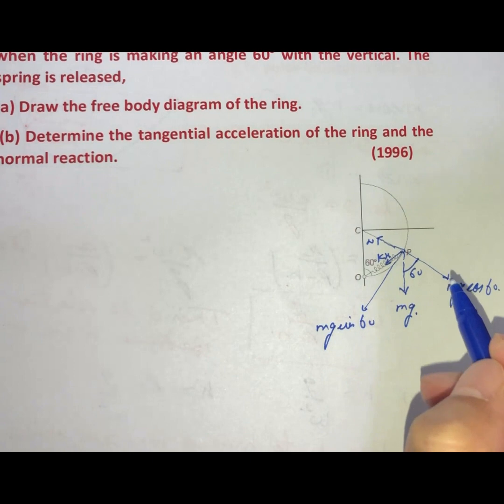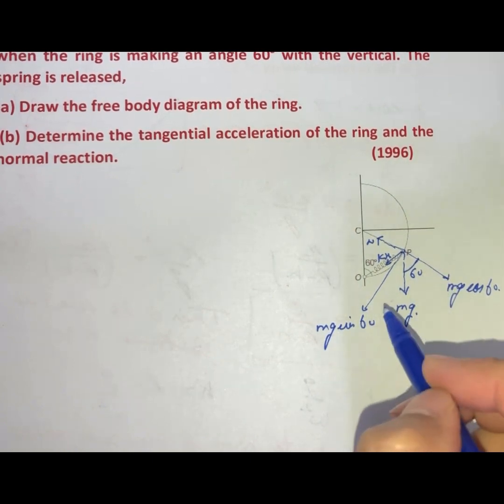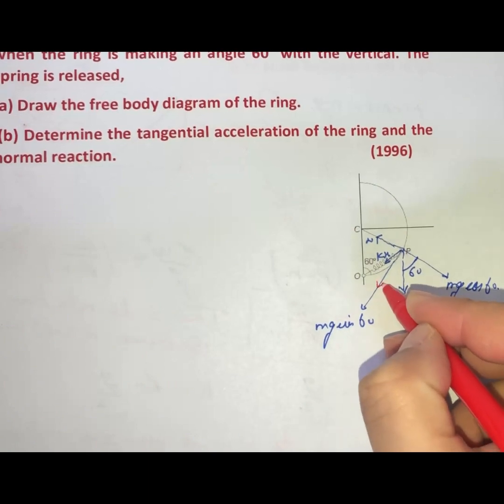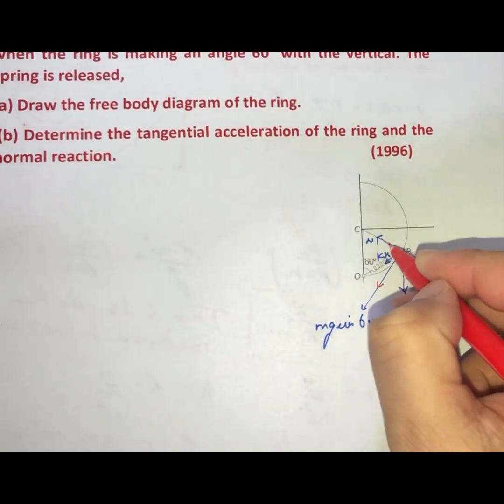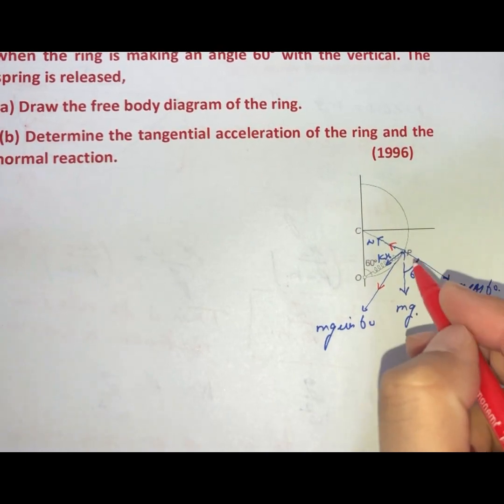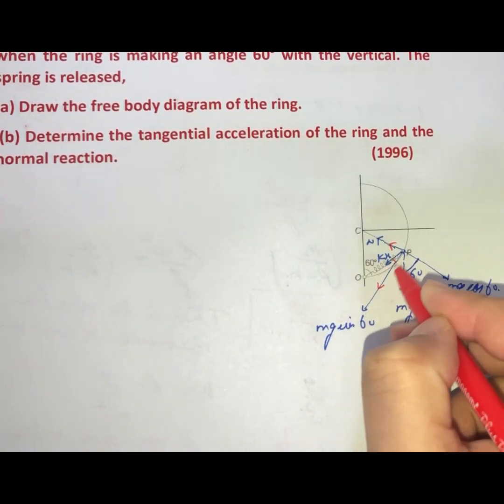and this kx can also be divided into two components. One component will be along this part and another one along this axis, and this angle will be 30 degree.